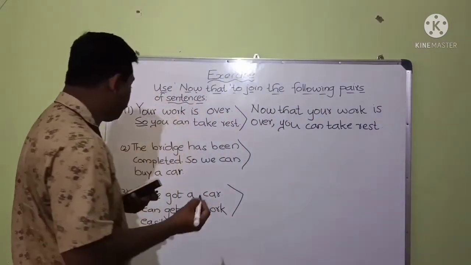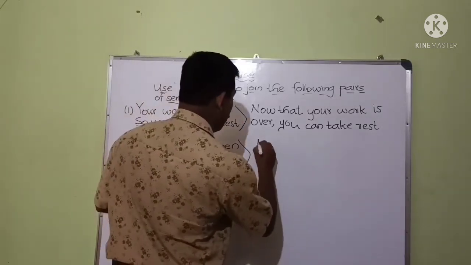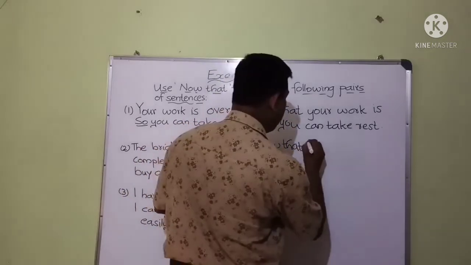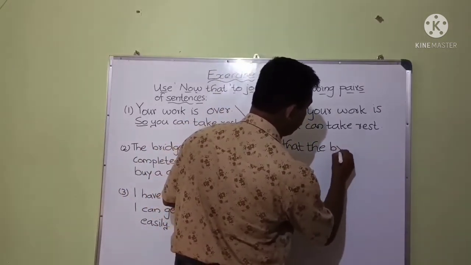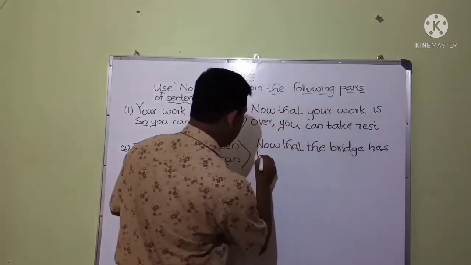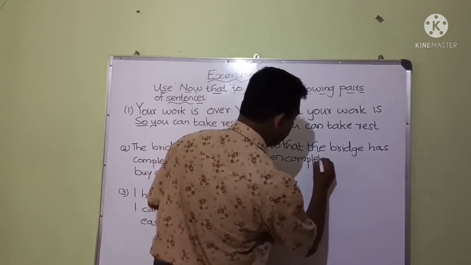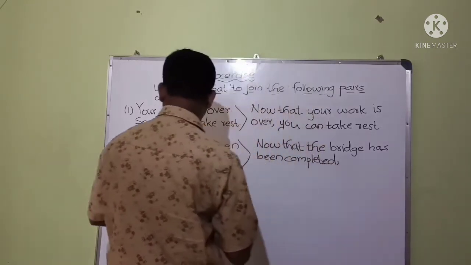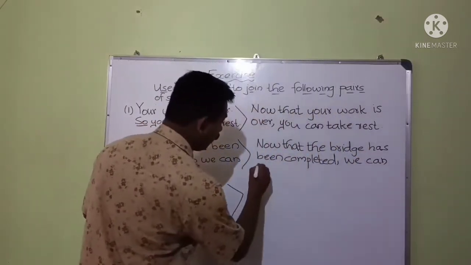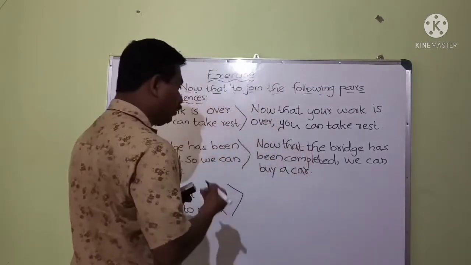Number 2, the bridge has been completed, so we can buy a car. Now that the bridge has been completed, comma, we can buy a car, full stop.